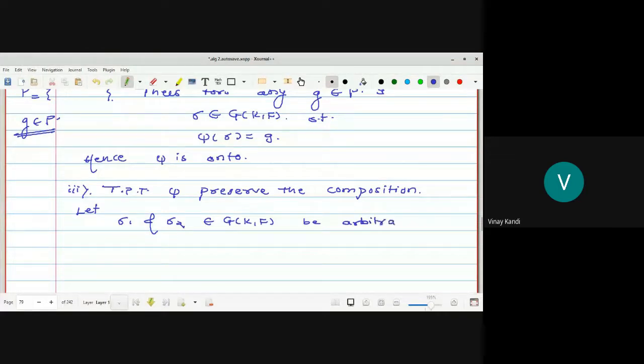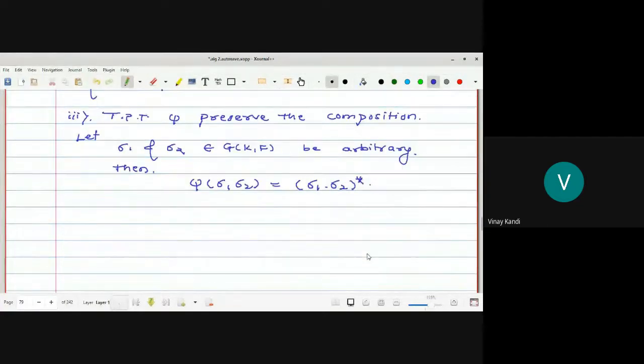Then psi of sigma 1 sigma 2, by the definition of psi, is (sigma 1 sigma 2)*, the restriction of sigma 1 sigma 2 to S. What is (sigma 1 sigma 2)*? This is the restriction of sigma 1 sigma 2 to S.